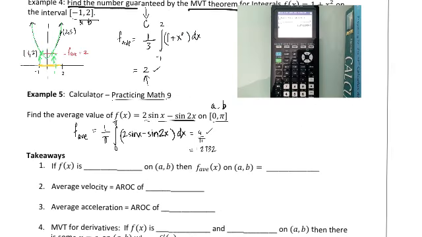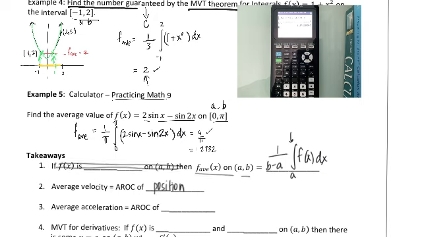Okay, this first takeaway, my apologies, but there shouldn't be a blank here. It should just say the average value of f on AB, right, is equal to the integral that we learned, 1 over b minus a, integral from a to b of f of x dx. Okay, then we want to remember that average velocity is the average rate of change of position.